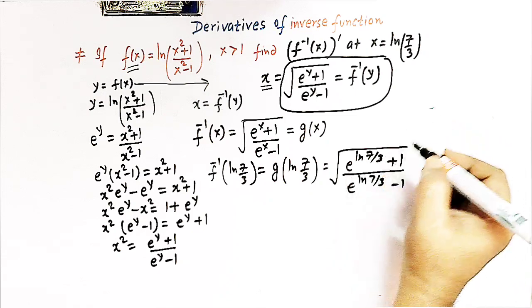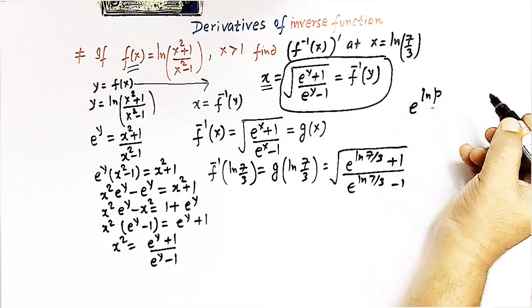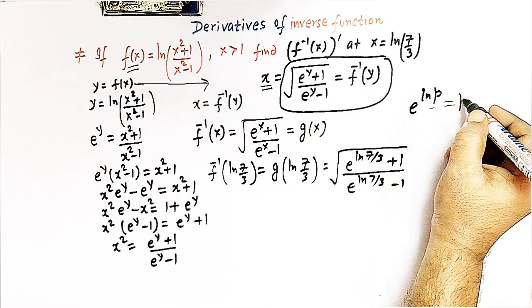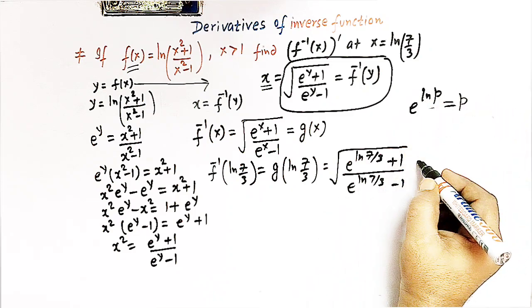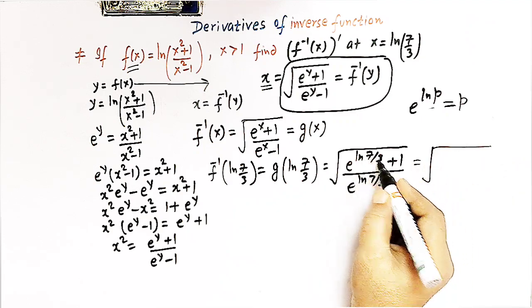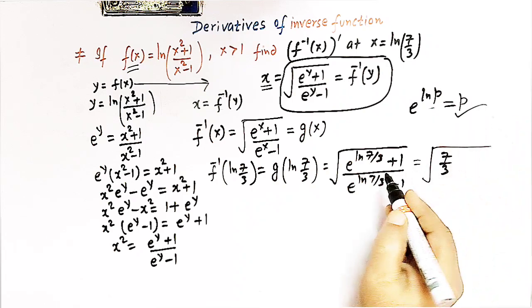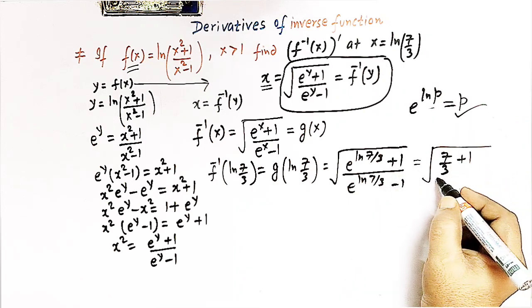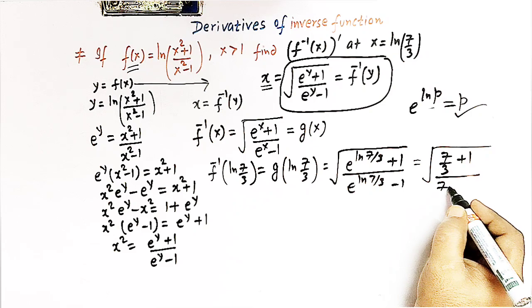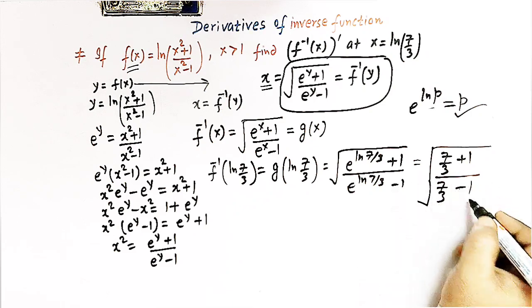So now here we can use this result, that is e raised to natural log of p is equal to p, right? So we can now write square root, and e raised to natural log of 7 over 3 is simply 7 over 3 by using this expression. And here we have plus 1, and here we have 7 over 3, and here we have minus 1.